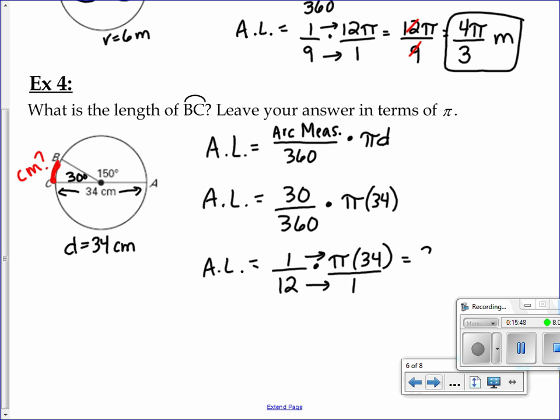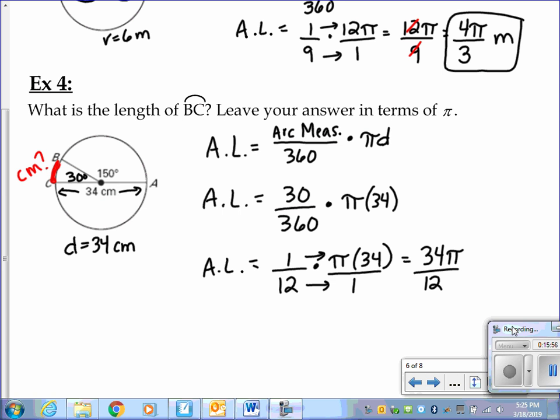So you end up getting 34 pi over 12. And since they're both even numbers, you can simplify this fraction. So I can take out a 2. I think that's all I can take out. If I take out a 2, I'm left with 17 pi over 6. And our units were in centimeters, so that is the arc length.